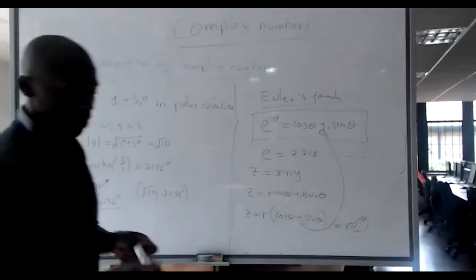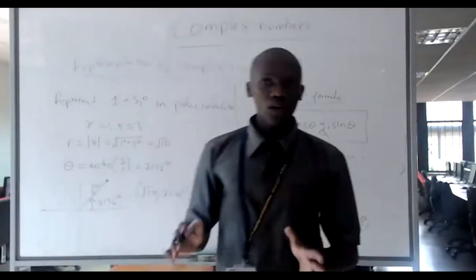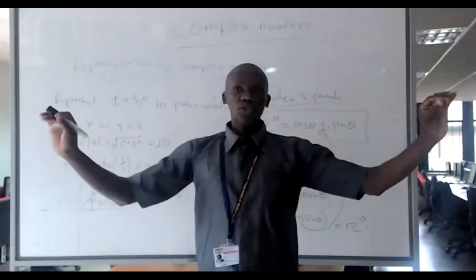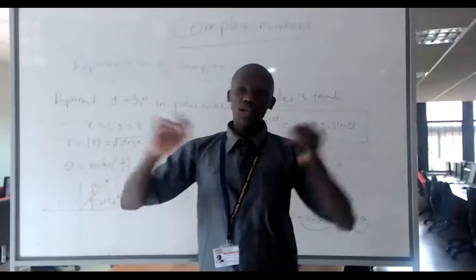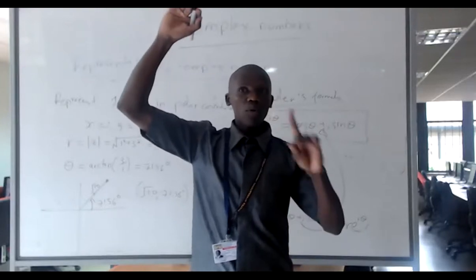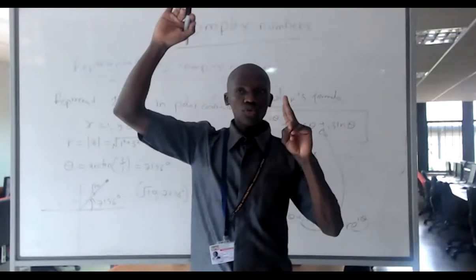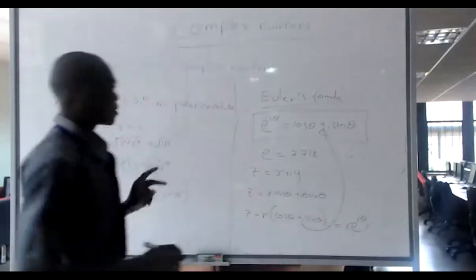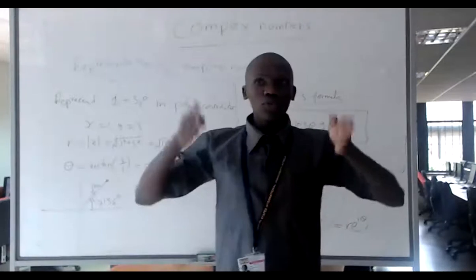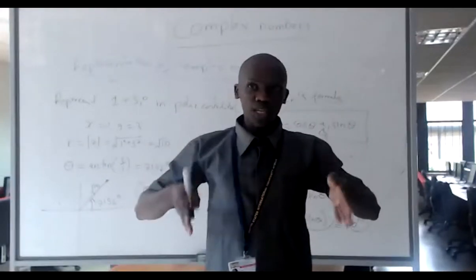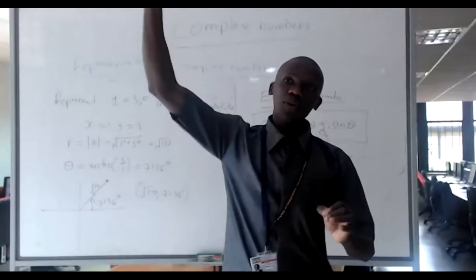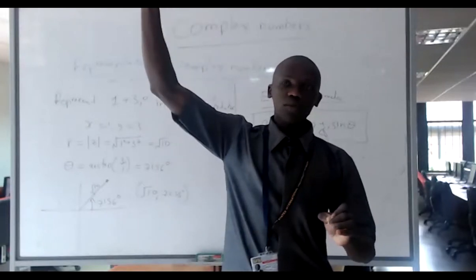You can represent complex numbers in rectangular coordinates, where the coordinate on the horizontal axis is the real part, and the coordinate on the imaginary axis is the imaginary part. That's number one. Number two, you can represent complex numbers in polar form, where the absolute value of the complex number is the radius, which is simply the distance from the origin up to the point that corresponds to this complex number.